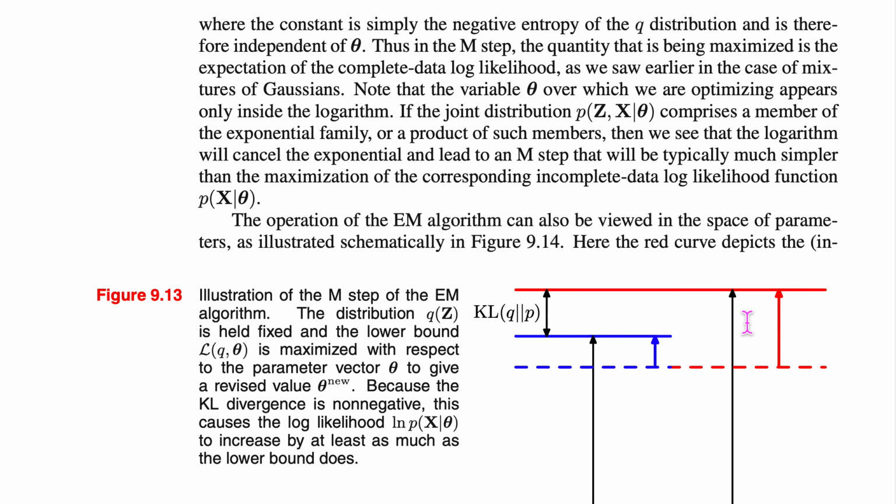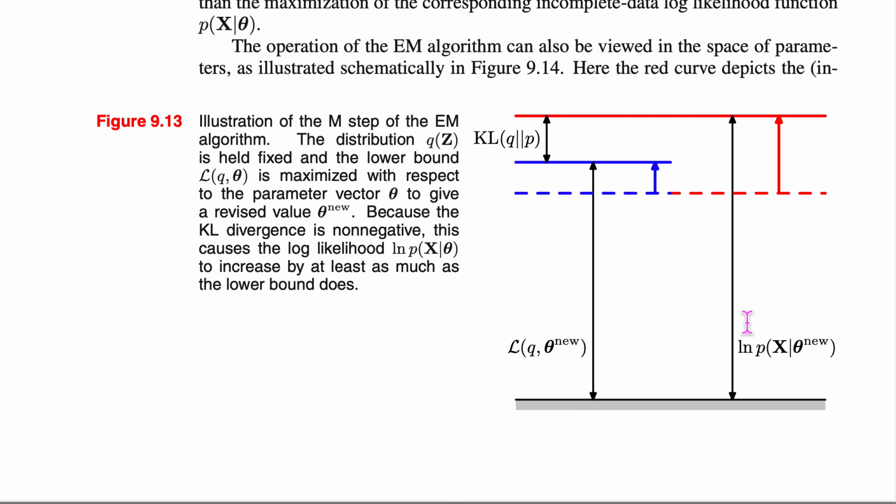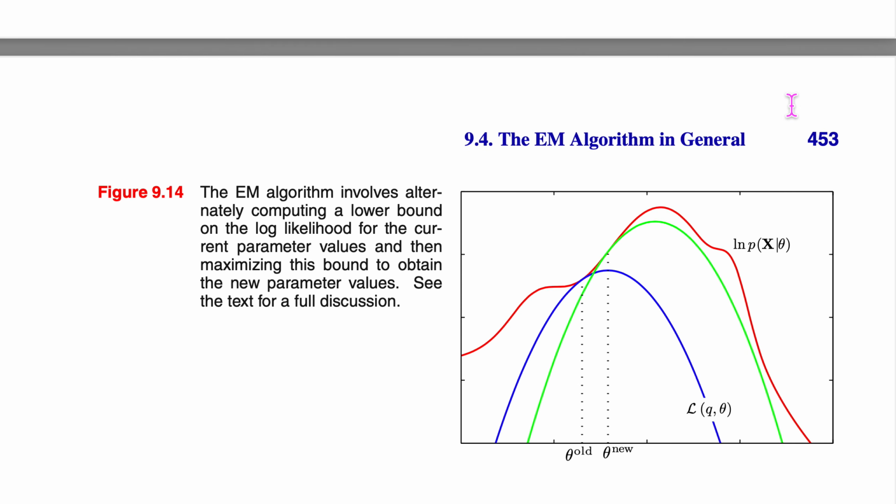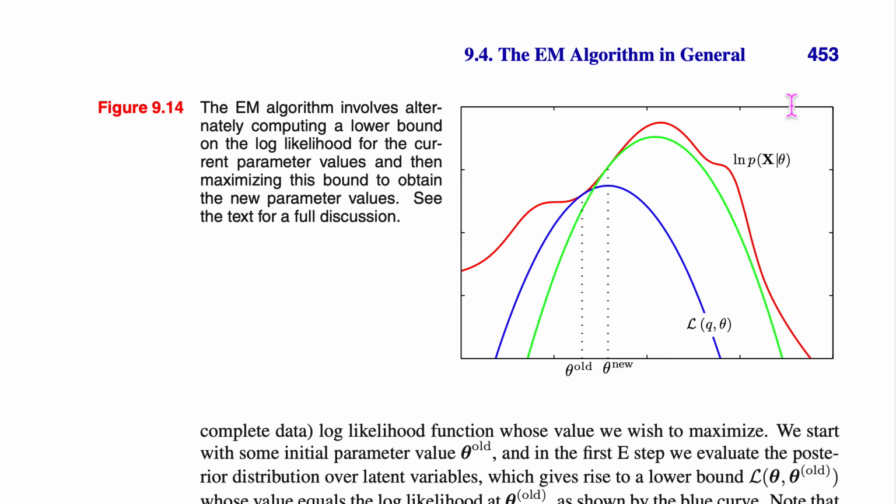Okay, so this is the picture that they're trying to give us, right? We do an update, we move from this old value of the Z-based likelihood to this new value, and that means that the X-based likelihood has gone up at least that much. Okay, so maybe this is the better picture.